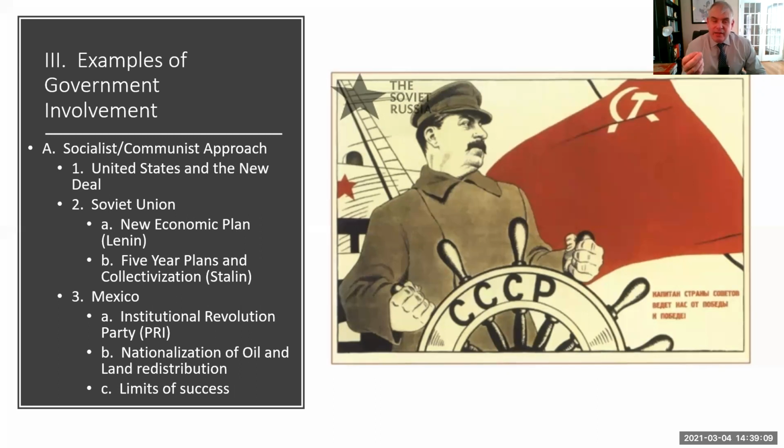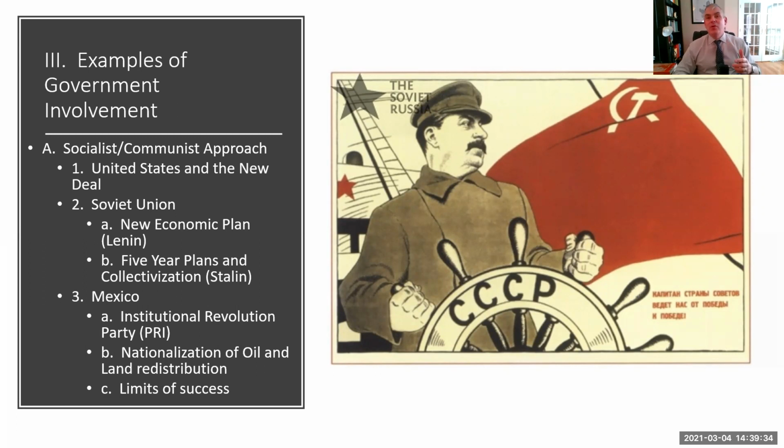The PRI is going to get involved in the economy by nationalizing the oil industry. The oil industry had been under the control of foreign investors. Now the PRI is going to take that away from the foreign investors and they're going to create a government run oil industry with the profits going into the government with the idea that it would go to benefit the people.